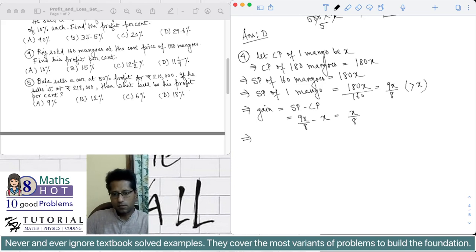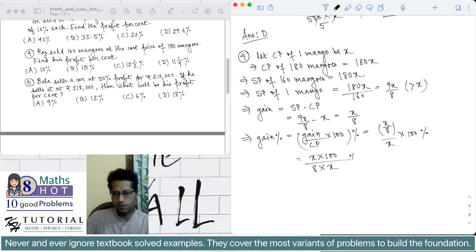This implies the gain percent is equal to gain by CP multiplied by 100 percentage. This is equal to gain is x by 8, CP is x, multiplied by 100 percentage. This is equal to x multiplied by 100 divided by 8 multiplied by x percentage.